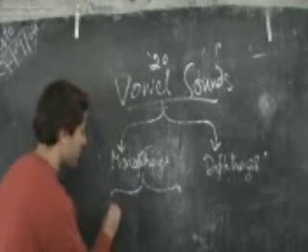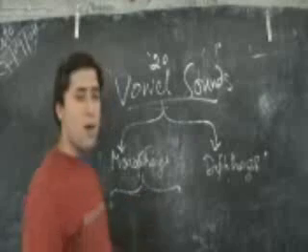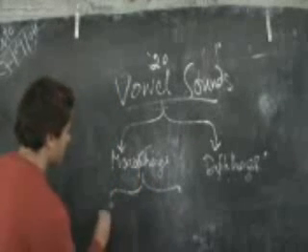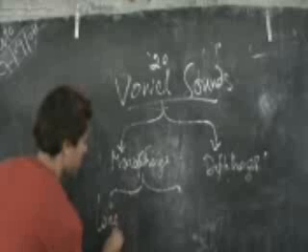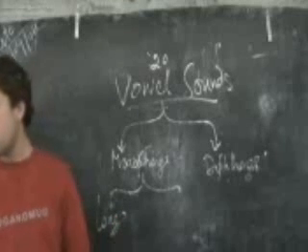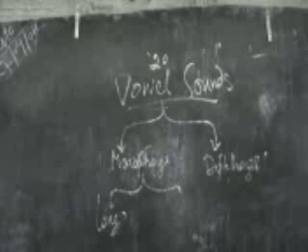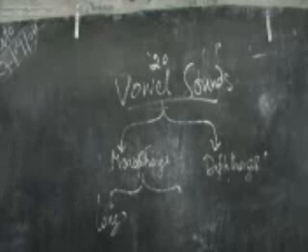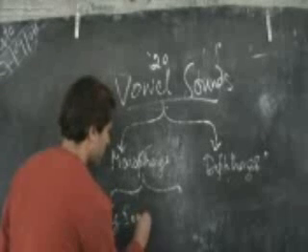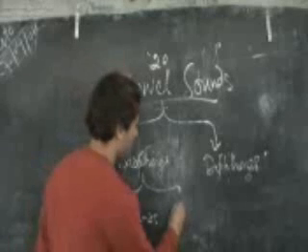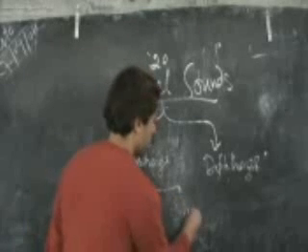The monophthongs are of two types. One group of sounds is called long sounds. And the next group is called short sounds.